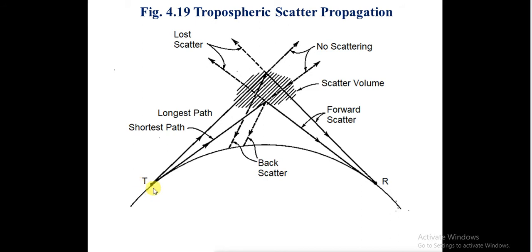So in this diagram, when the transmitter is transmitting the radio waves, some portion of the frequencies get passed through, meaning they will not be reflected back to the earth.